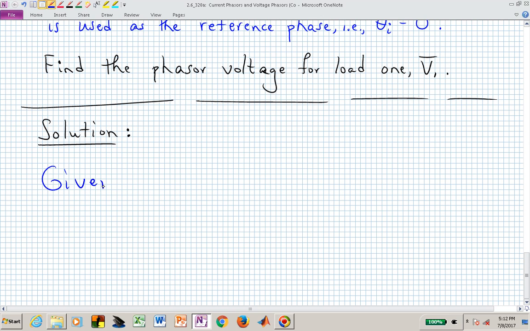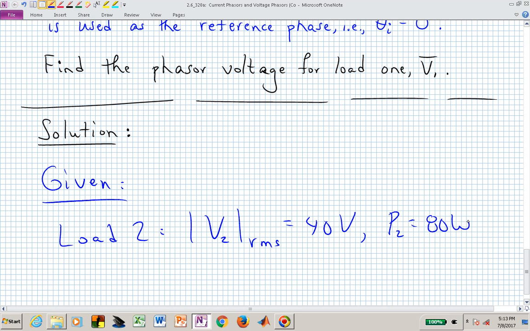Maybe it will start to make sense. Load number 2, we were told that the magnitude of its voltage, RMS, was 40 volts. We had a real power of 80 watts, and Z sub 2 was inductive.